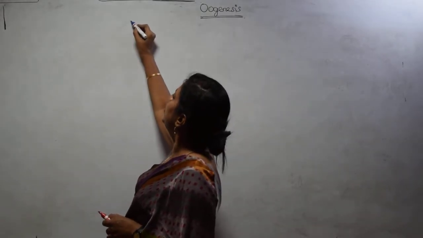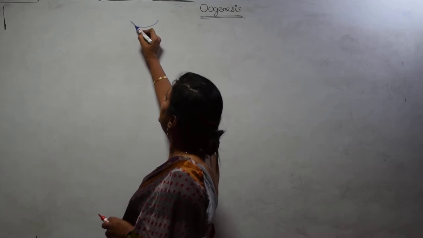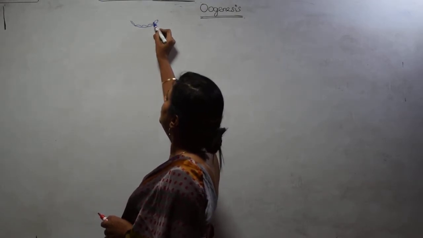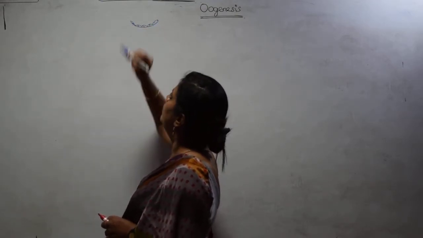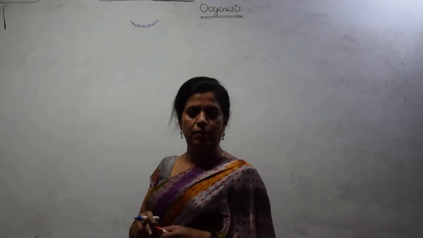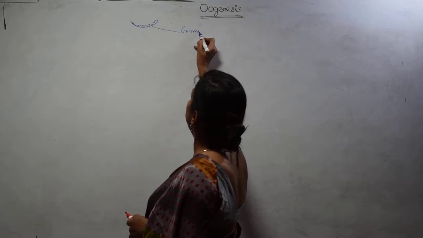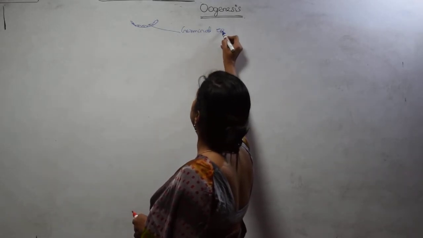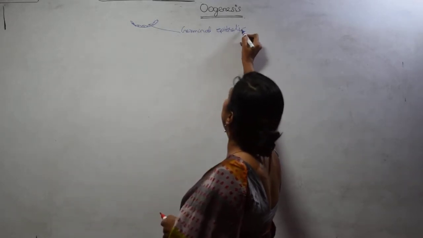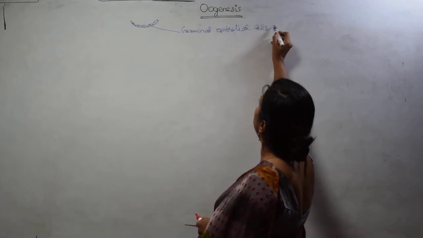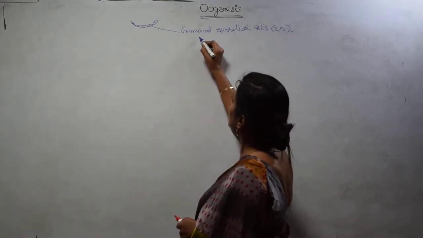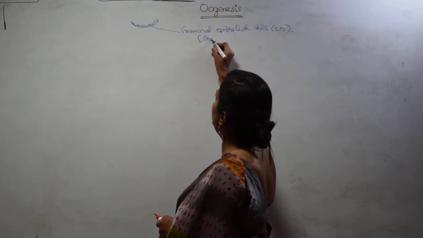The first thing I am giving is the inner lining of the Graafian follicle, right? These are the cells called germinal epithelial cells, which are diploid in nature, from the Graafian follicle.